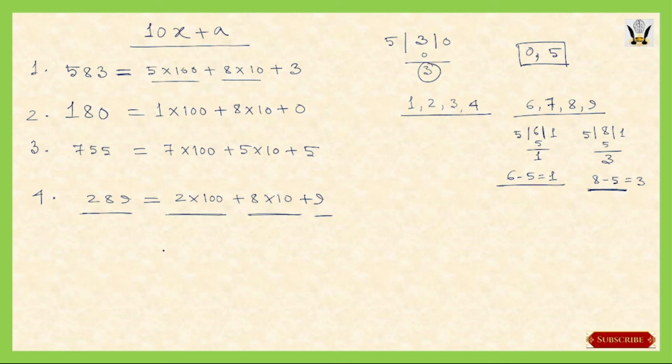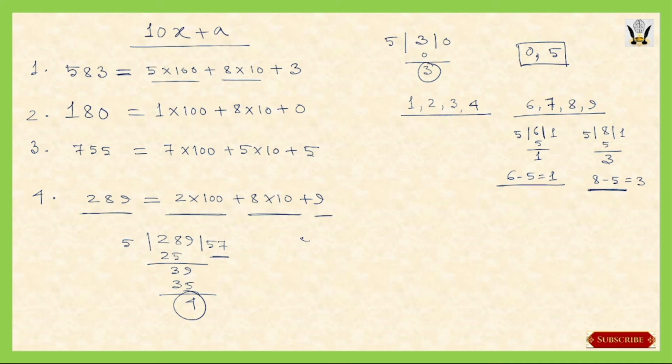Then we have to see how much will be the remainder. So 289, if we divide by 5, then 5 5s are 25, then we bring down 3 9, 5 7s are 35, then it will be 4. So here the quotient is 57 and the remainder is 4.